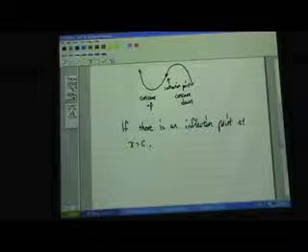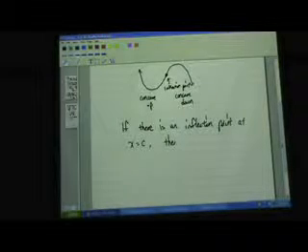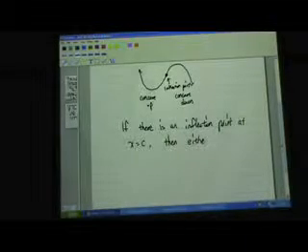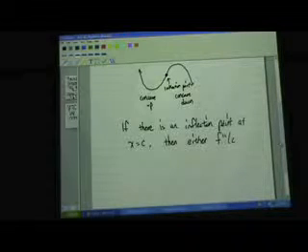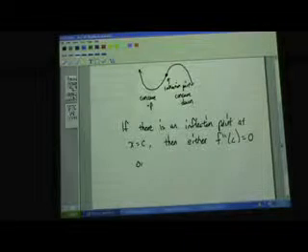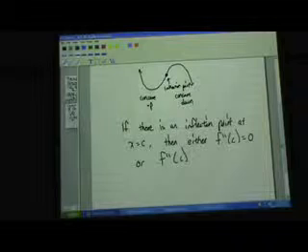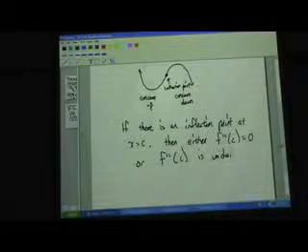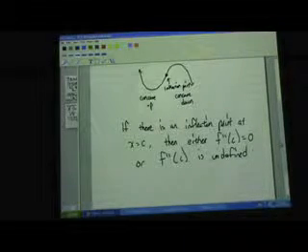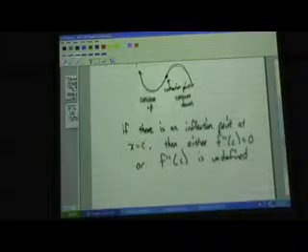If there's an inflection point at x equals c, then either the second derivative at c is 0, or the second derivative at c is undefined. So it's kind of like the same thing that we did for extrema, except with the second derivative. So first derivative tells you increasing, decreasing, max, min.